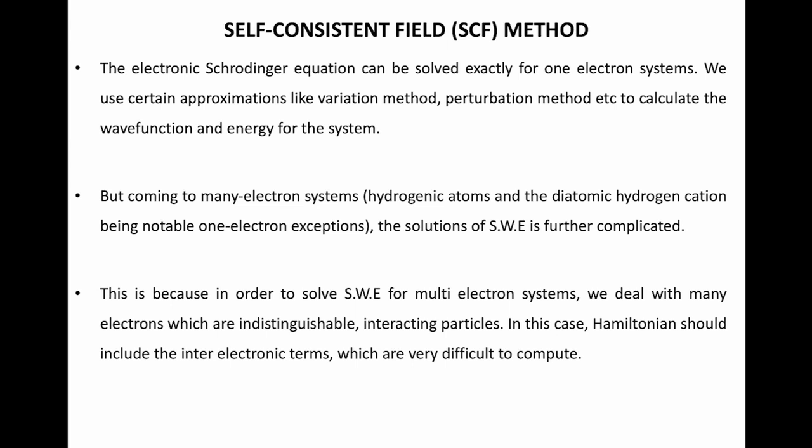This is because in order to solve it for multi-electron systems, we deal with many electrons which are indistinguishable interacting particles. In this case, the Hamiltonian should include inter-electronic terms which are very difficult to compute.